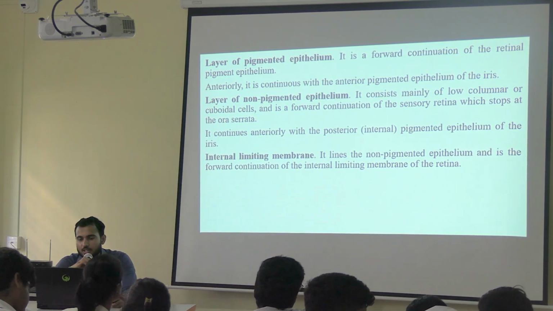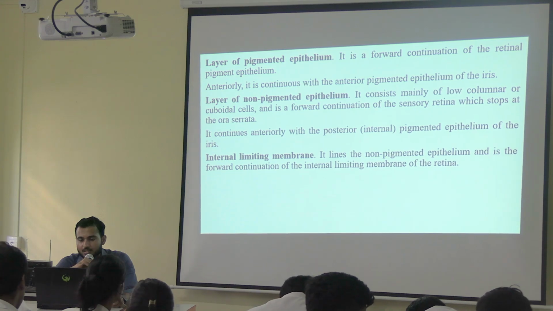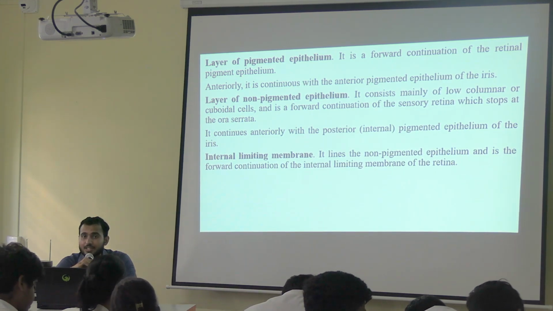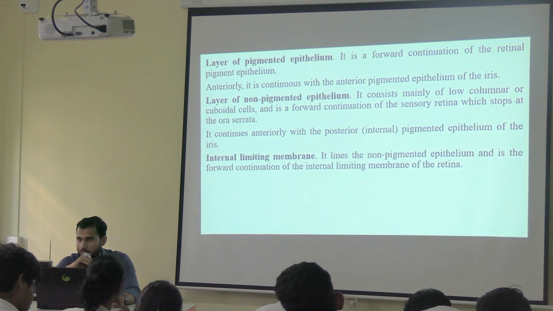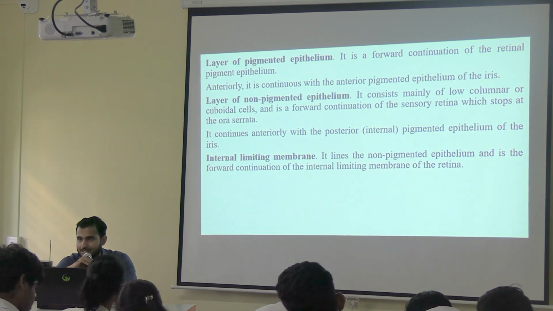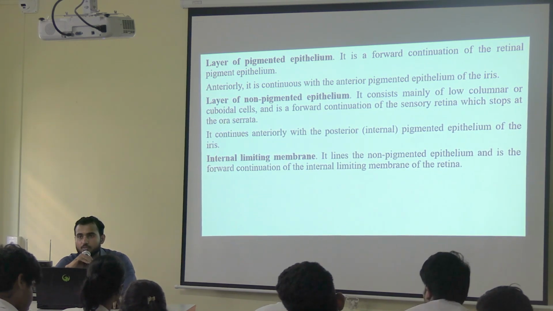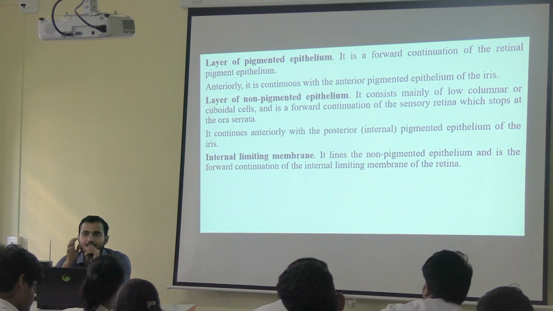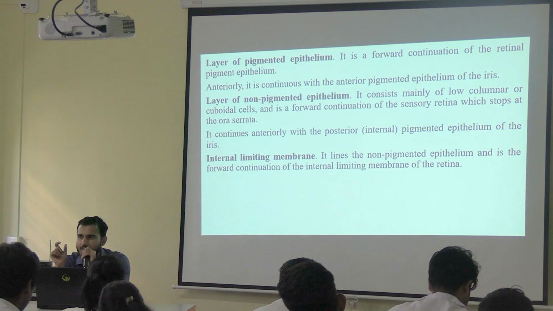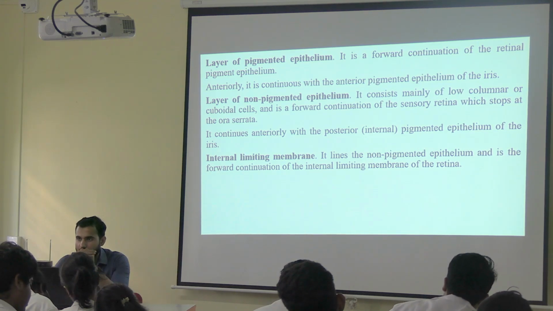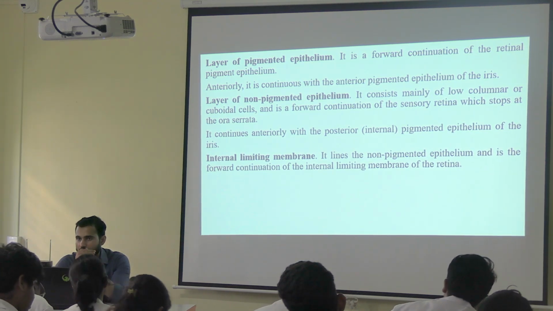Now, the main function of the non-pigmented epithelial cells is to produce the aqueous humor. The production of aqueous humor takes place from these particular cells. Actually, in the ciliary body some projections are there, 70 to 85 projections, called ciliary processes.